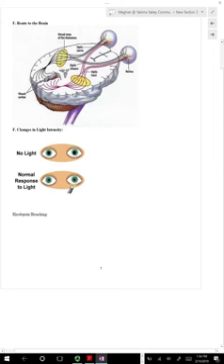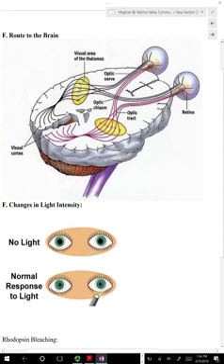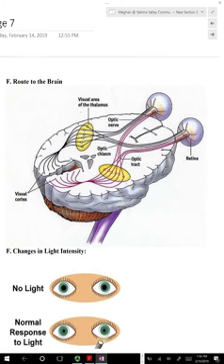So then we're just going to do this pathway right here. Okay. So the basic pathway we're looking at is starting up here. All right, this is the light, or the direction the light would be coming.